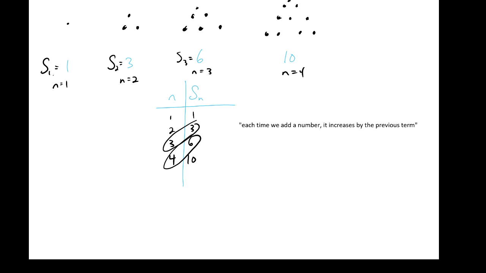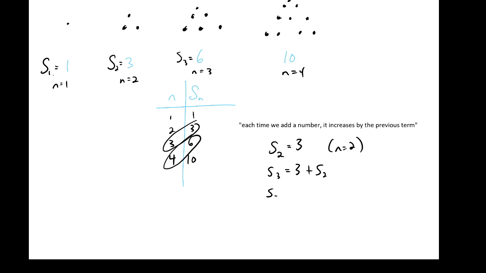So consider this. Let's say we have S sub 2, and that guy's equal to 3, and that's because n is equal to 2, right? Moreover, we're going to take S sub 3, and that is equal to, well, how do we get S sub 3? Well, it's 6, but that's because we took 3, the number we're on, and we added S sub 2.